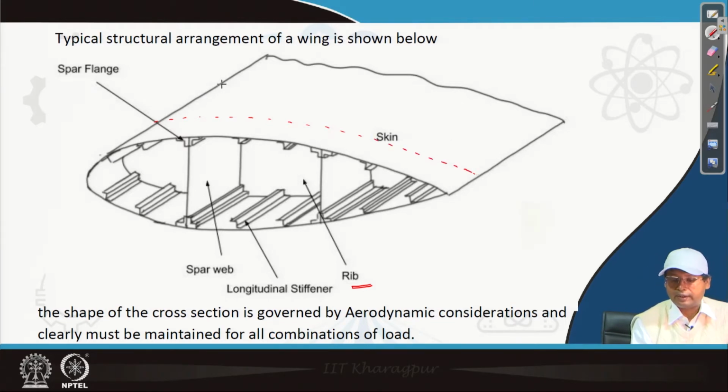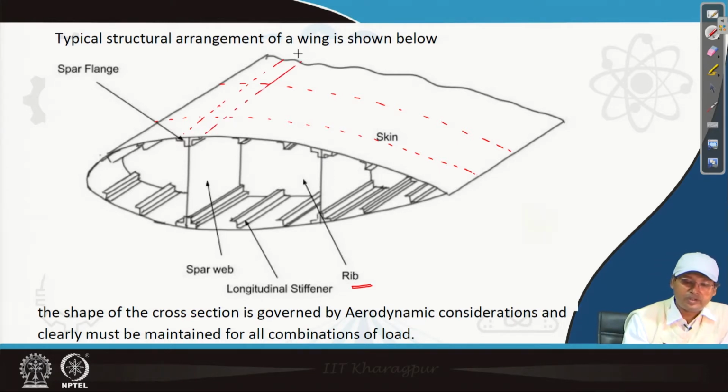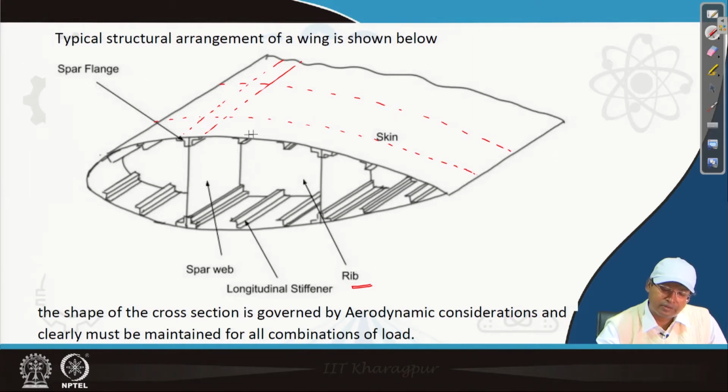Like that, there are ribs also inside, and if we look at the spar, this spar continues this way with the spar flanges, and these are the longitudinal stiffeners. This also continues.